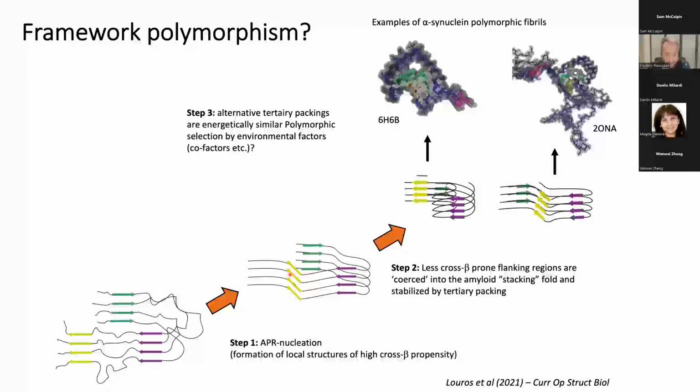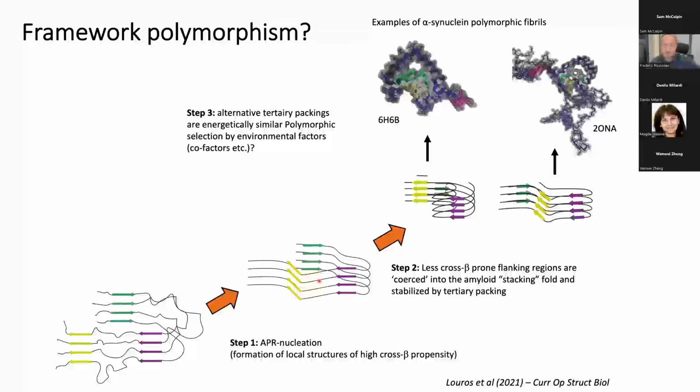But of course, due to the fact that between APRs, the segments there are relatively short, the formation of these cross-beta interactions sort of coerce other regions into the core, even if they don't like to be so much in cross-beta conformation.